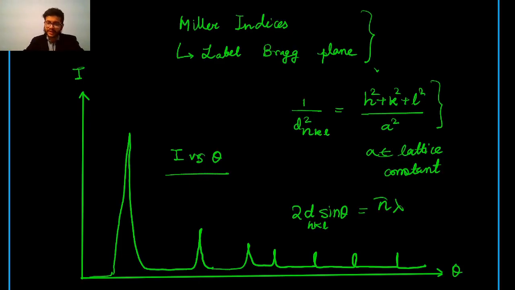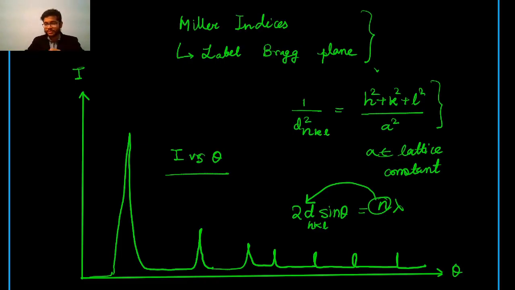We will mostly take n equals 1, because the multiples of n can be absorbed into the d. You can have h equals 1, k equals 1, l equals 1, and you can also have h equals 2, k equals 2, l equals 2. So the multiplicity of n can be absorbed into the d_hkl.